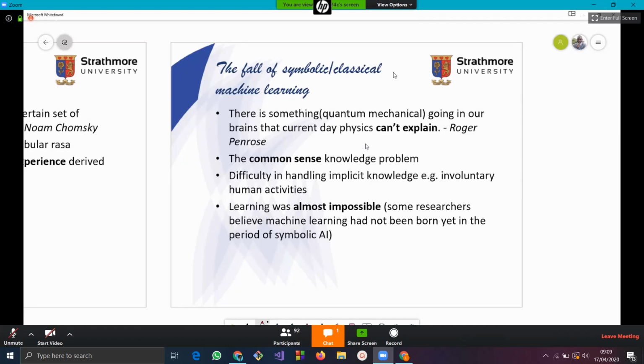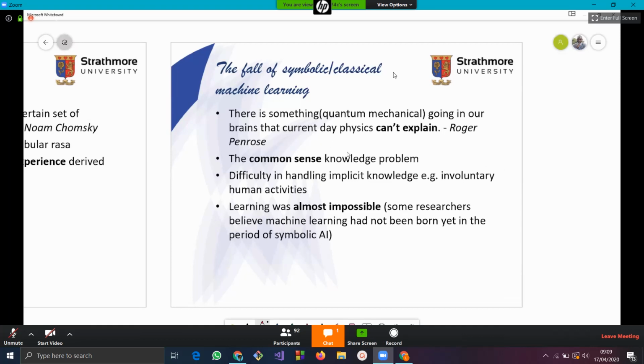So if physics can't explain it and maths can't explain it, then we can't model it. That's why algorithms in AI are called models. What's a model? A model is a representation. It's not the real thing, it's the representation of the real thing. That's why we call them models in AI. We are going to see mathematical models, probabilistic models, etc.